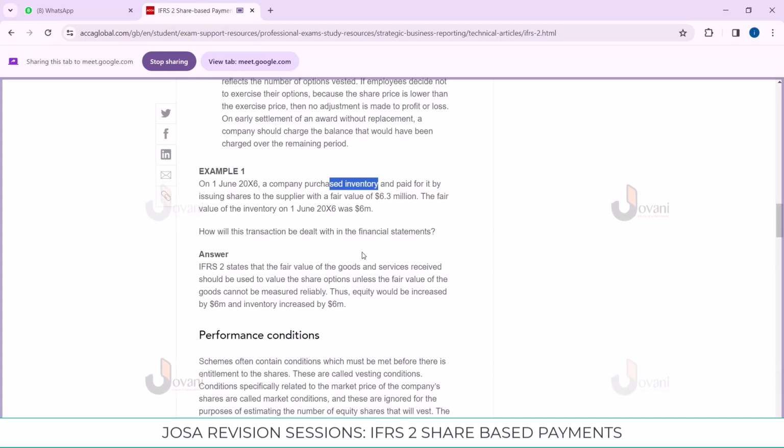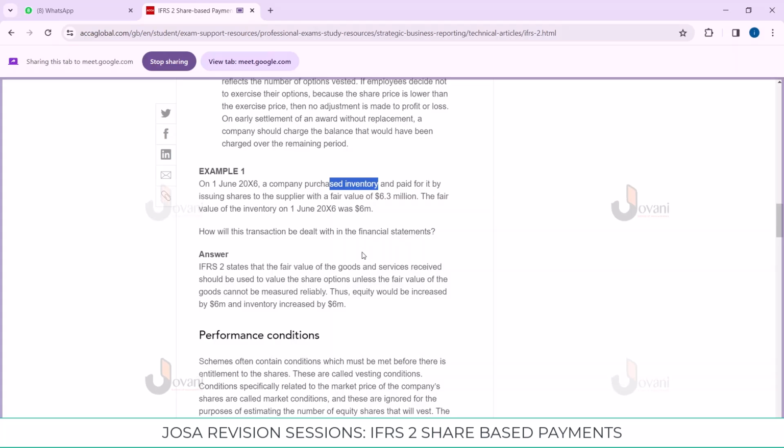So this is the example they are giving. This transaction is with a supplier, not an employee. Meaning that we should consider, do we have the fair value of the inventory? In this question, yes.